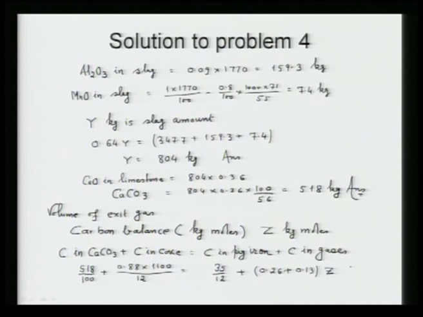So, Z is the only unknown. We can calculate the amount of Z. Z will be equal to 212.6 kg moles, and its volume, if you wish, will be 4762 meter cube expressed at 1 atmosphere and 273 Kelvin. That is the answer.